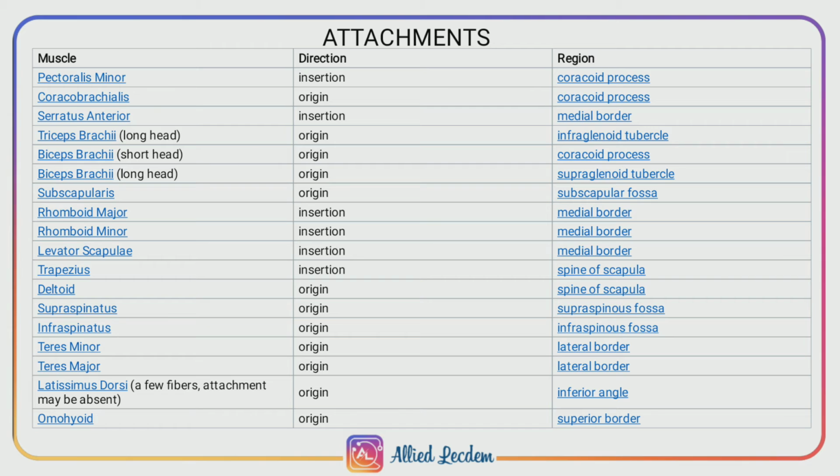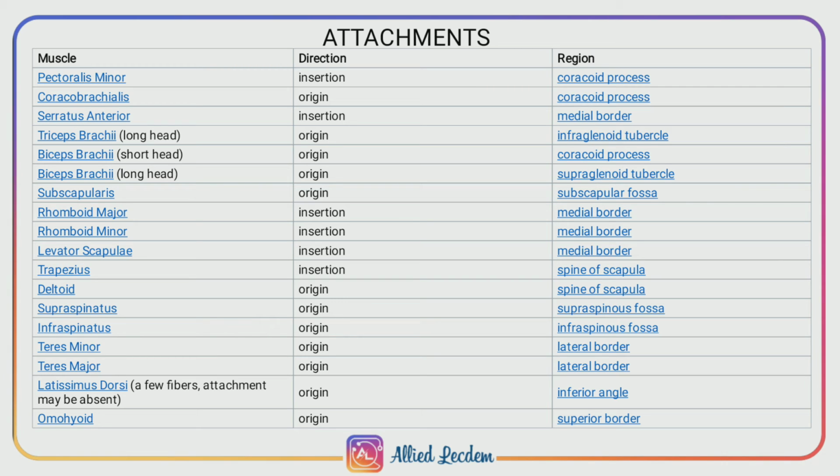The next are the attachments of muscles. As we already saw, this is the site for origin and insertion of many muscles. Mostly 17 muscles are inserted or originate from this scapula bone. The muscles of insertion are pectoralis minor, rhomboid major, rhomboid minor, and trapezius, which are inserted into the scapula bone.